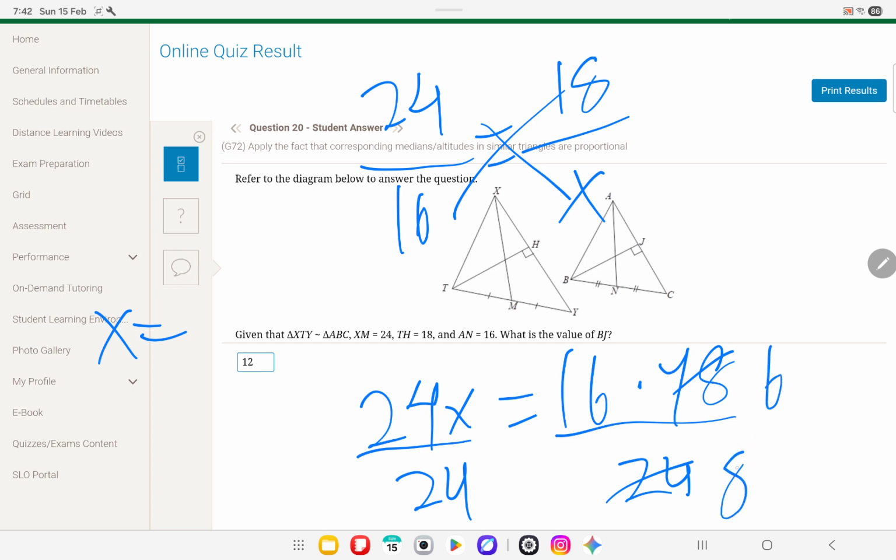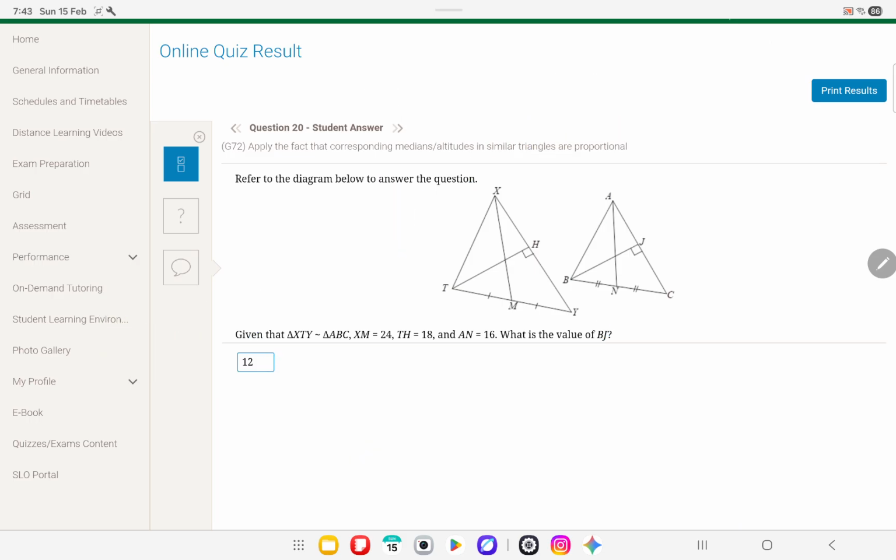And then 8 and 16, we can divide both by 8, it will be 1 and 2. So it'll be x is equal to 2 times 6. 2 times 6 is 12. So x is equal to 12. What is x? BJ. BJ is 12.